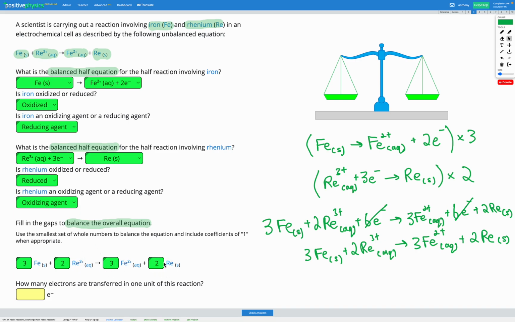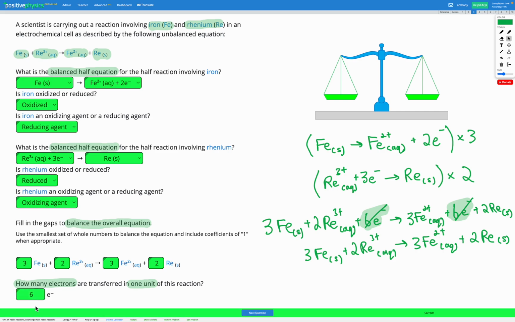So it's balanced for our elements. It's also balanced for our electrons and our charge. Finally, we're asked how many electrons are transferred in 1 unit of this reaction. Well, looking over here, we had 6 electrons being transferred in 1 unit of our balanced reaction. So the answer here is going to be 6 electrons.